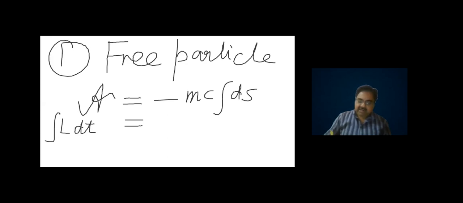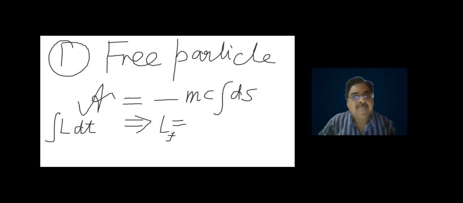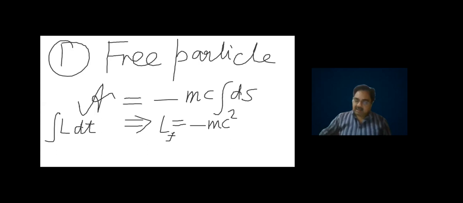And this L dt, if you compare this expression with L, then I told you that this L for the free particle, let me write a suffix here, small f, to show that it is a free particle, becomes minus mc square upon gamma.